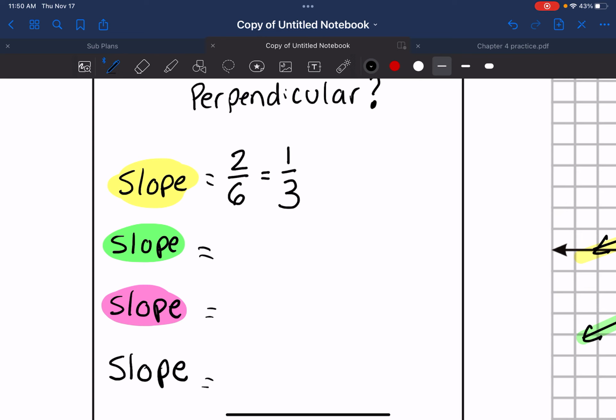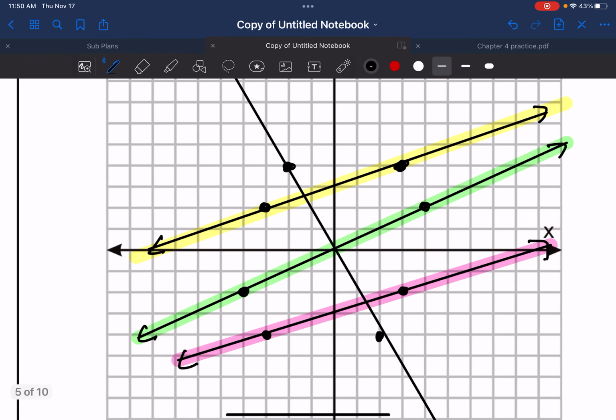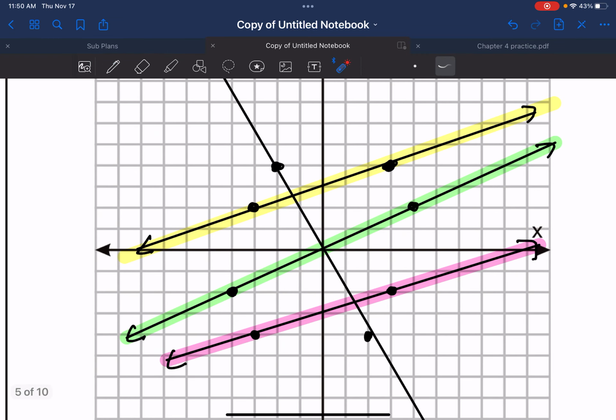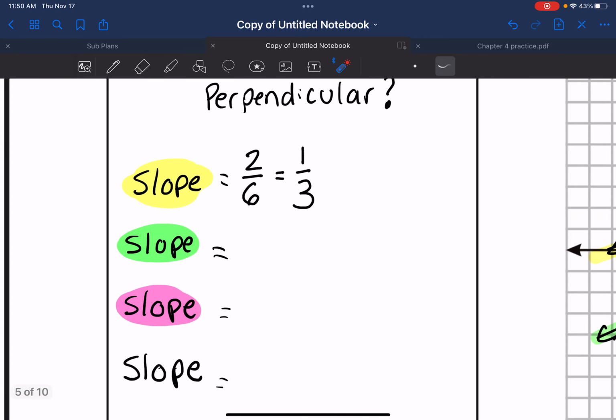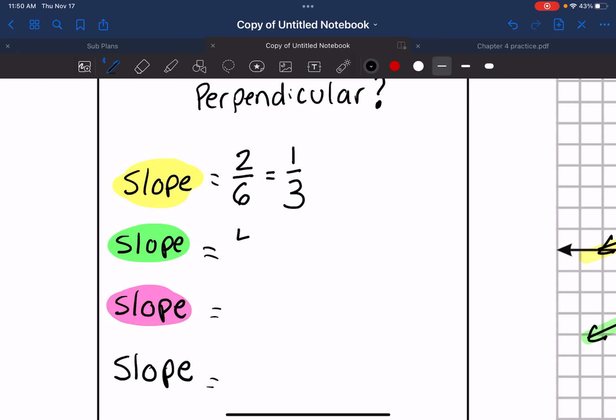Let's remember that, okay? All right, let's do the green. The slope of green is up 1, 2, 3, 4. Up 4. Over 1, 2, 3, 4, 5, 6, 7, 8. 4 over 8. Okay, so I'm going to write that down. 4 over 8. Let's reduce that. I know 4 over 8 is the same as 1/2.